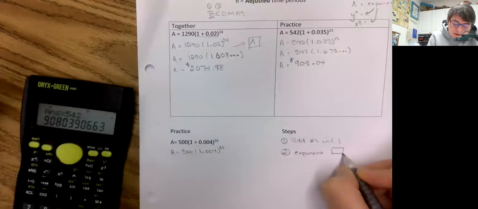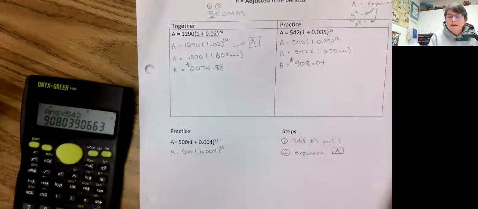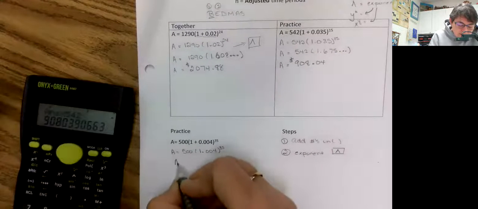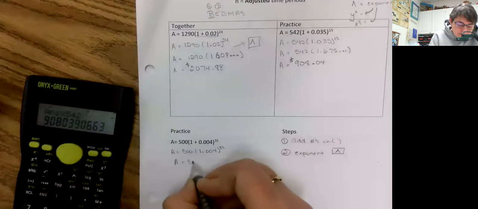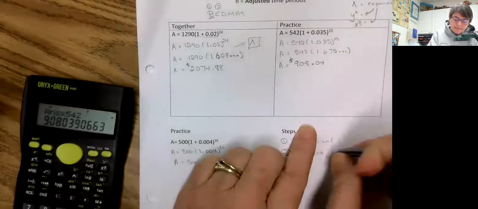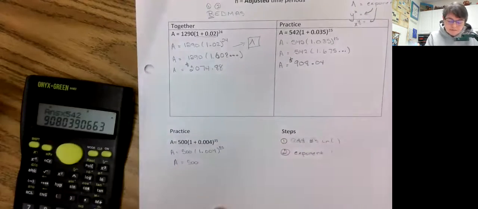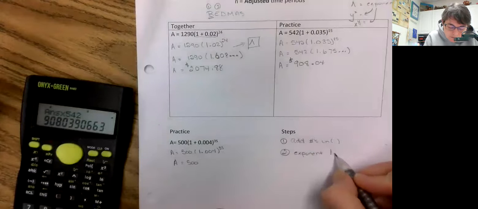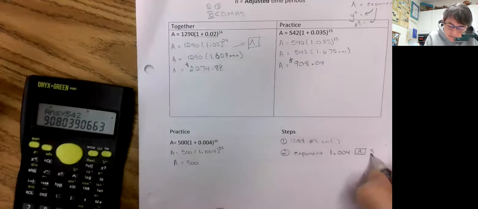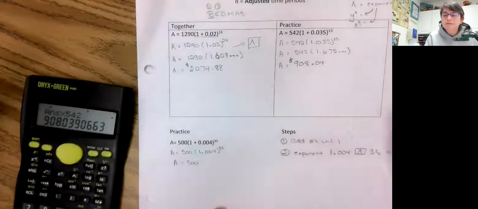So for me, again, I'm going to remind myself it's that caret key. And you know what? Even better. Hold on. This is what I would do. 1.004 caret 35 equals.